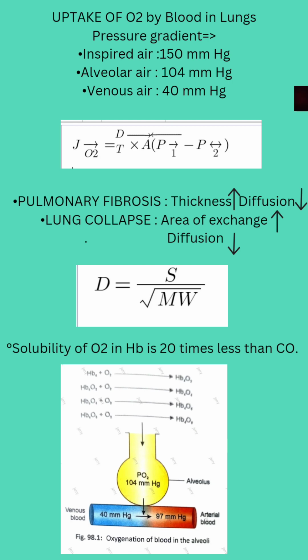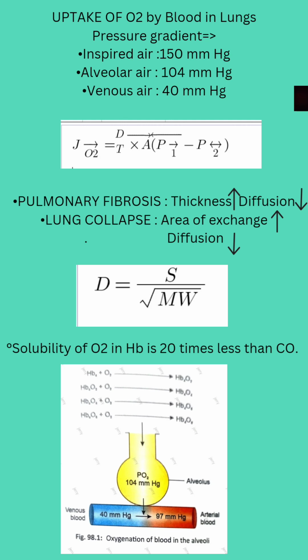This happens by means of a pressure gradient, that is the oxygen pressure gradient. In the inspired air, the partial pressure of oxygen is 150 millimeter of mercury. In alveolar air, it is 104 millimeter of mercury, and in venous blood, it is about 40 millimeter of mercury.